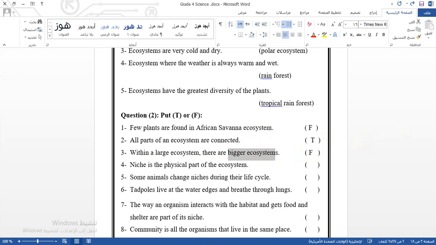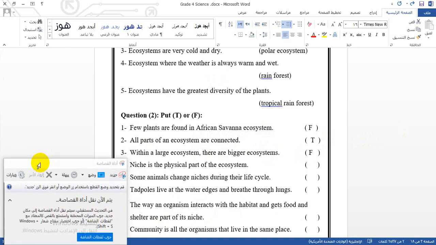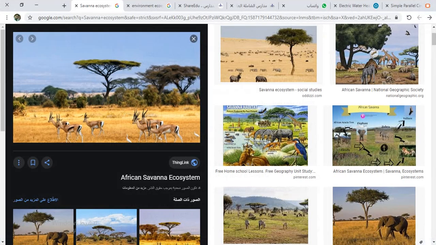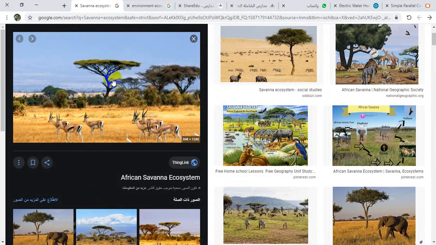Why smaller ecosystems? See here. For example, this is the savanna ecosystem. The tree is considered to be a smaller ecosystem of the savanna. Inside the savanna ecosystem you will find rocks, trees, bones. All of these are smaller ecosystems.